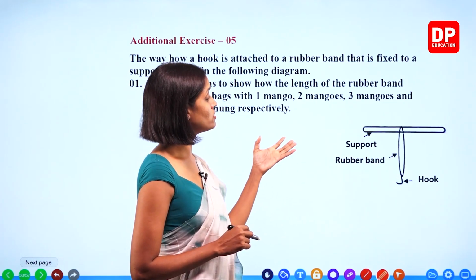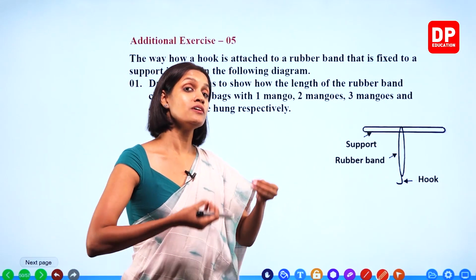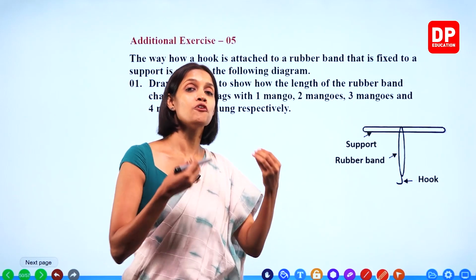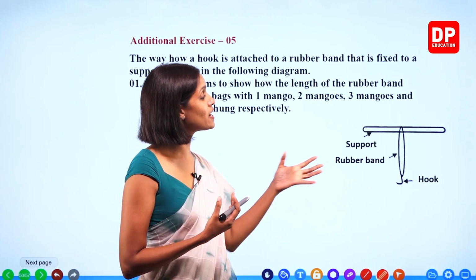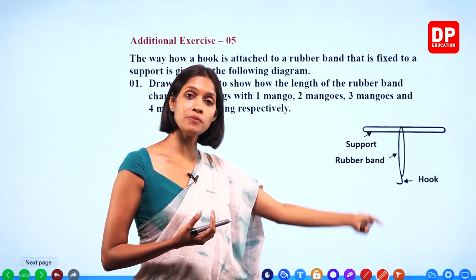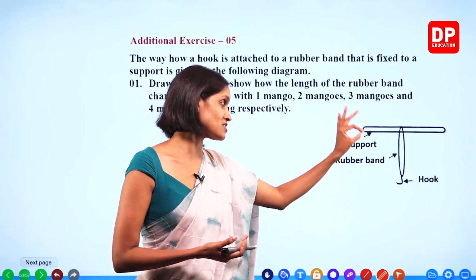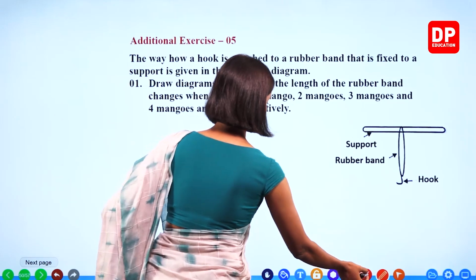So you all know when the number of mangoes increases, the mass also increases. Now we know that when the mass increases, the force applied also increases. When the force applied on the rubber band increases, the length that it stretches also increases. It stretches more. We will draw this as diagrams, children.